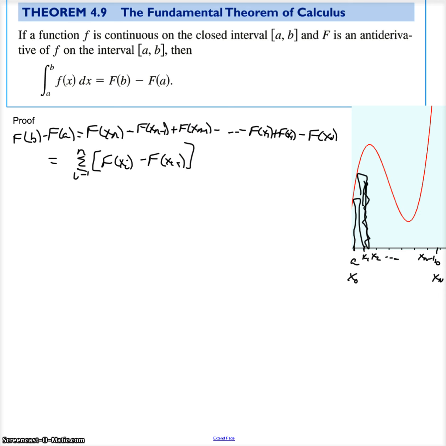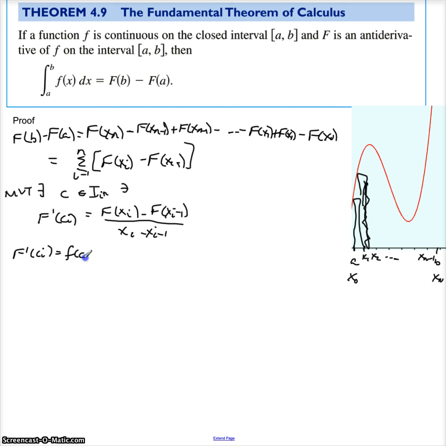Now, by the mean value theorem, there exists a number c contained in the interval, well actually in the ith interval, such that f prime at c sub i is equal to, well, let's go back to our definition, f of x i minus f of x i minus 1 divided by x sub i minus x sub i minus 1.